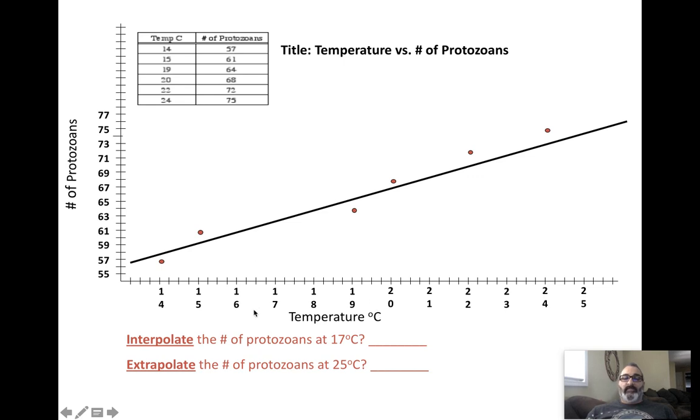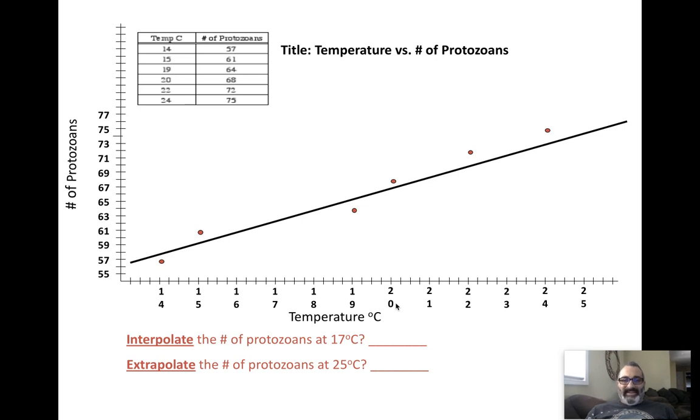Now, on this graph also, your dependent variable, the number of protozoans, this is what's measured, that is on the y, okay? Your independent variable, the temperature in this case, this is what we're testing, it is on the x. I'm going to give you a way of remembering which one goes on which axis. There are two words you have to remember when you think of graphs: DRY, MIX.